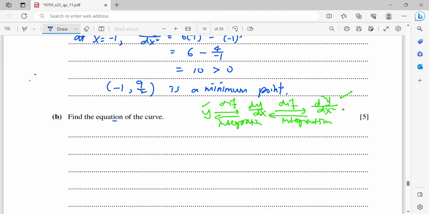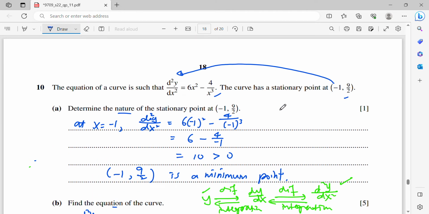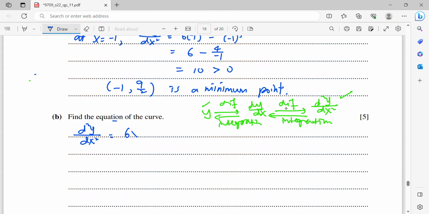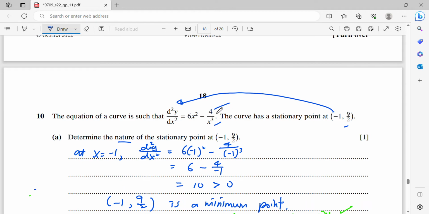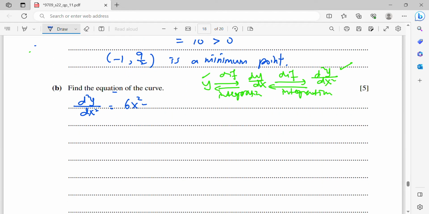So d squared y over dx squared is 6x squared minus, okay, since we need to do the integration, instead of writing 4 over x cubed, I will move up the x cubed, so 4x to the power of negative 3. So now I will integrate. When you integrate the d squared y over dx squared, you will be getting dy dx.